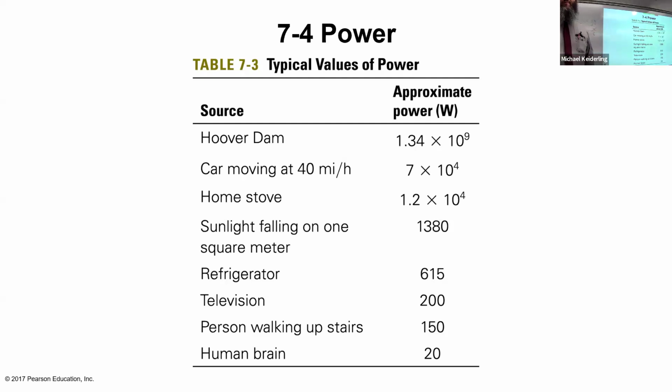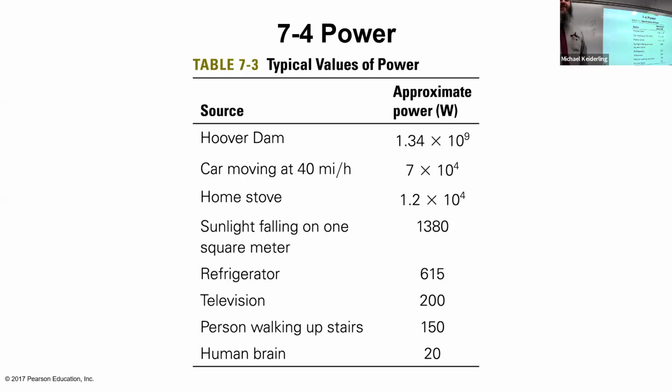A home stove has a power of about 1.2 times 10 to the 4 watts, 12,000 watts. Sunlight falling on 1 square meter of land has a power of 1380 watts. There's some things having to do with angles there, but sunlight falling on 1 square meter is 1380.